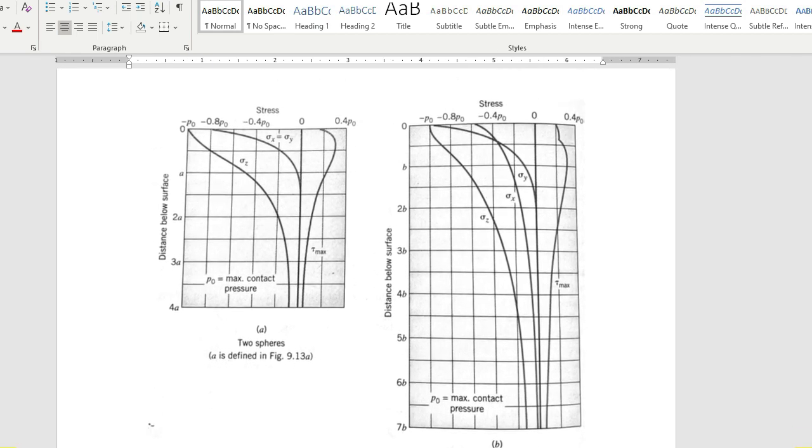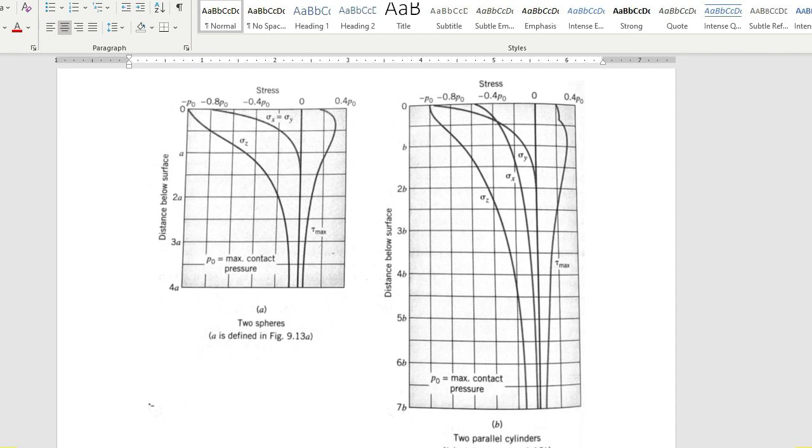All right, so I wanted to show you this, and this is the stress. This is taken from your textbook, and it's the stress that develops at a depth in terms of the max pressure that can be calculated with the Hertzian stress. Okay, so P naught is that value that we calculate. This is for the two spheres, and A is that contact radius that we discovered.